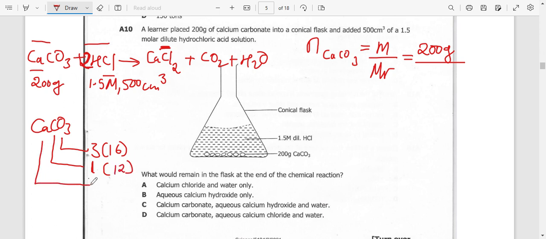And then you have calcium, it is only 1, the mass on the periodic table is 40. 3 times 16 is 48, plus 12 is 60, plus 40 is 100. So that is going to be 100 grams per mole. So divide by 100. Molar mass is given in grams per mole, so the grams cancel. So the answer is going to be 2 moles.